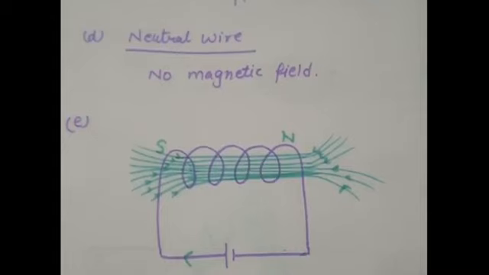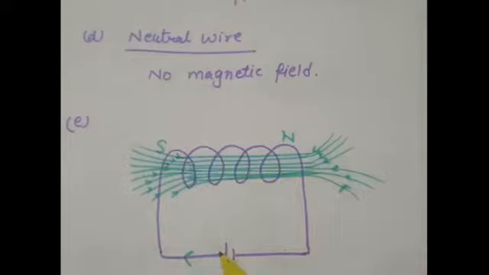Part E says the magnetic field around a solenoid carrying constant current. When we attach the solenoid to the battery, soon it will attain a situation where the current is constant throughout the solenoid.